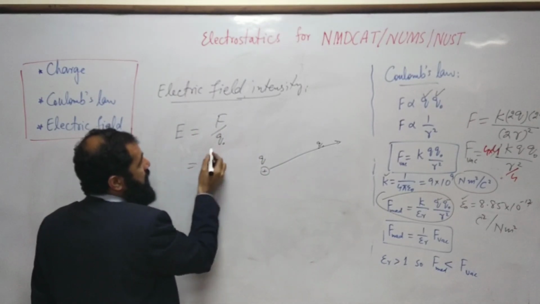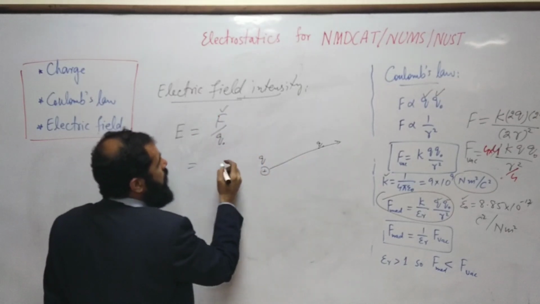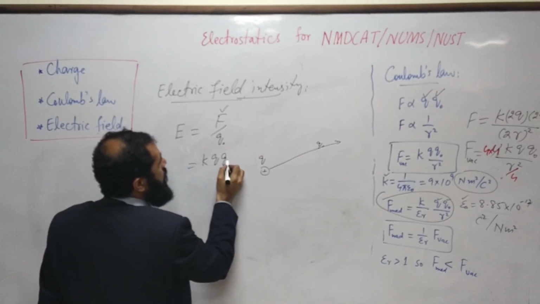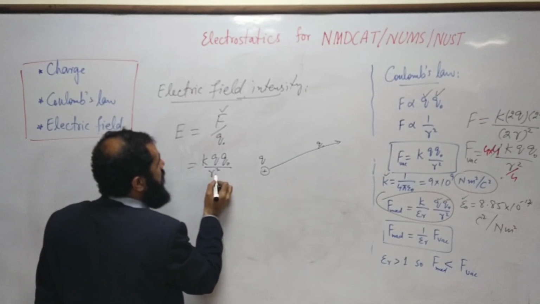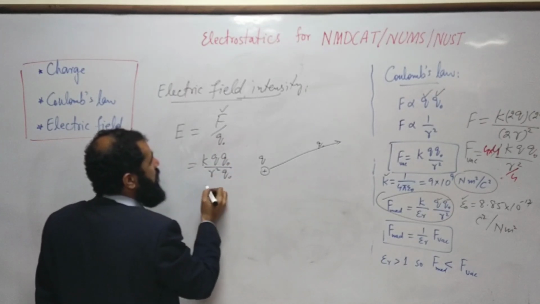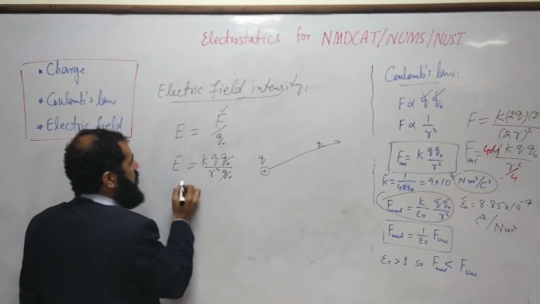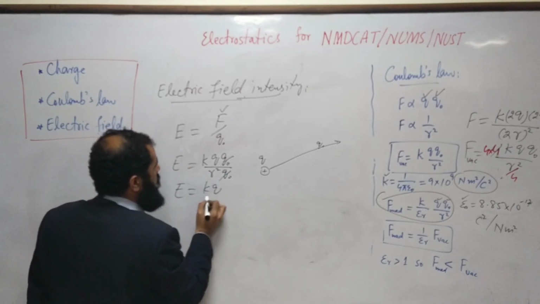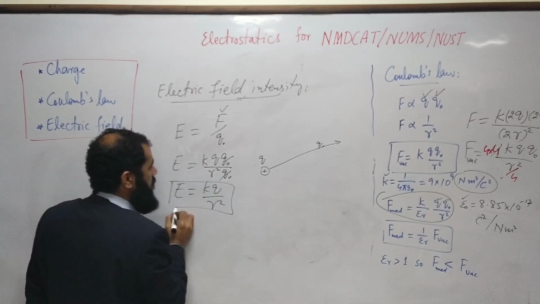If I substitute the value of force from Coulomb's law, I get K Q Q naught divided by R square. This Q naught is in the denominator, so they get cancelled, and we are left with KQ divided by R square.